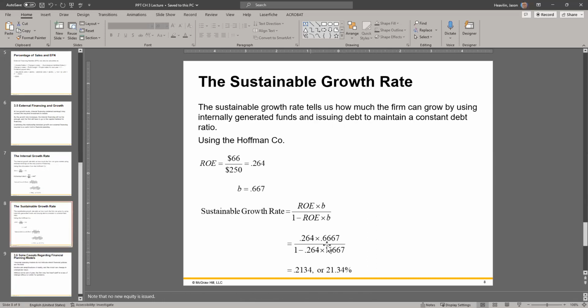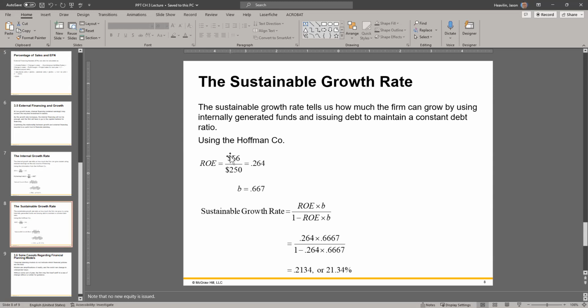Now, the sustainable growth rate: at what rate can you grow and be able to support the growth with internal financing and borrowing money, debt. So similar to the previous formula, but instead of return on assets, we're going to use return on equity.